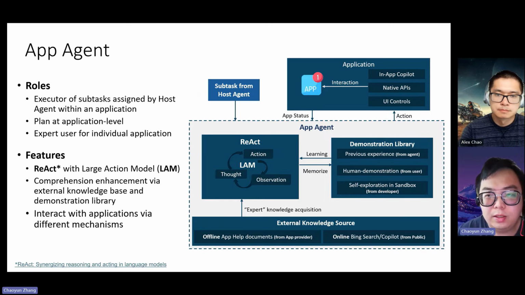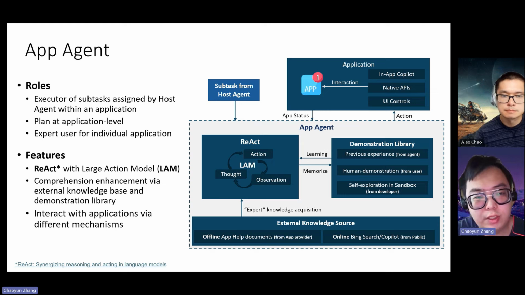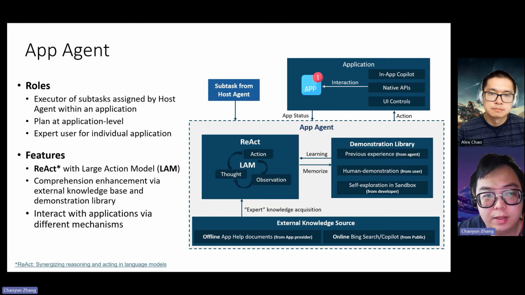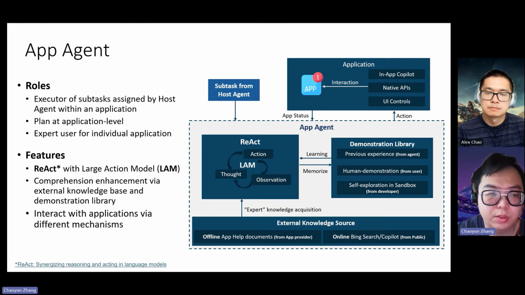So the app agent, as I just mentioned, is an executor of different subtasks assigned by the host agents. So you plan at the local application level, and hopefully you become an expert user of an individual application. With this, the users don't need to learn how to use these apps, and the app agent will do this for the users.